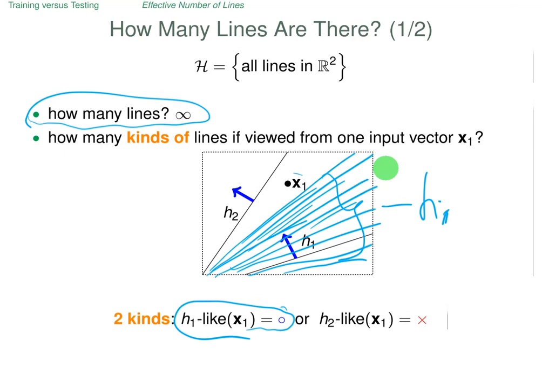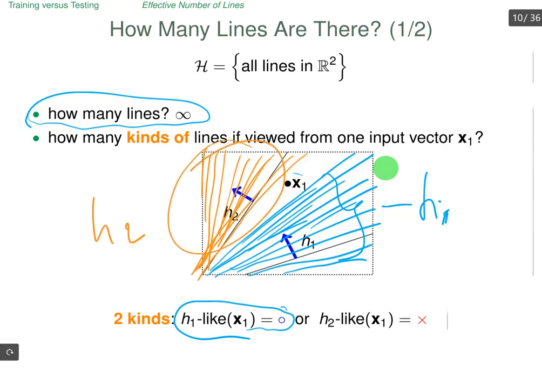Okay, and also similarly, we can have different hypotheses. Similar to H2, which will be located on this side of the point, right? And then we can group all these as H2. All of them label x1 as red, and all of these hypotheses as H1. We are just grouping by kind.